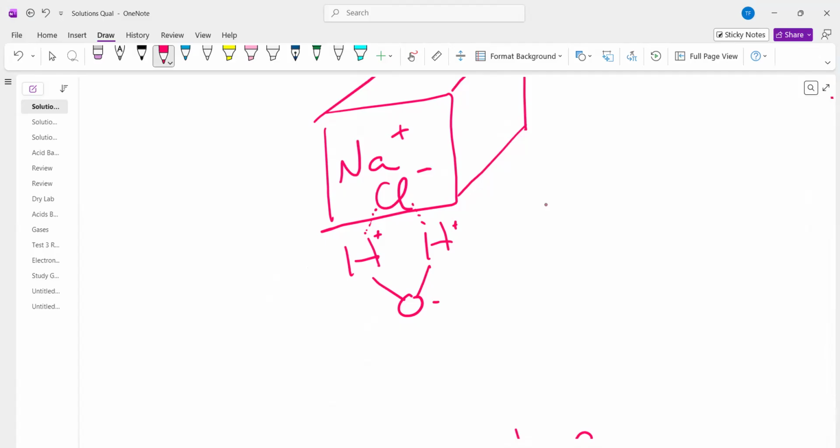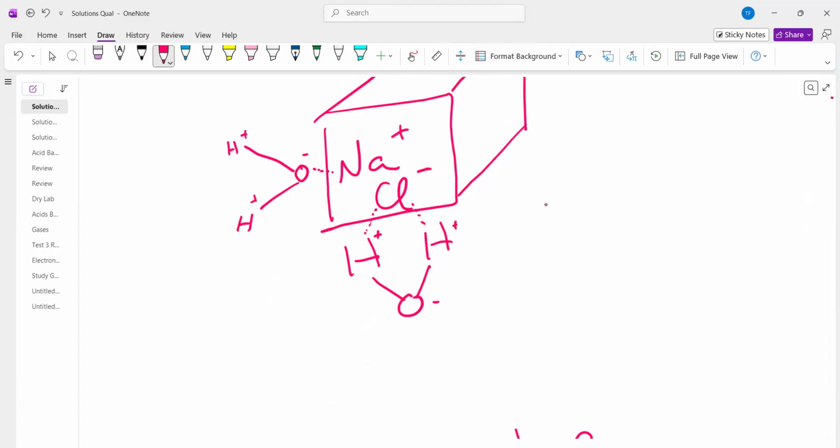Equally so over here, that negatively charged oxygen is going to be attracted to the sodium ion. Now, because it's moving, that water is going to pull out the sodium and pull out the chloride. That's how the sodium salt dissolves.